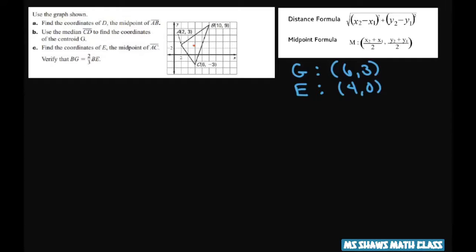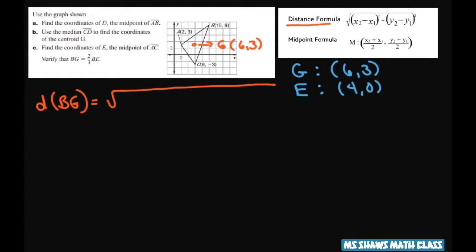Okay, got that down. Now let's find the distance first of BG. So this is your G, and that's going to be 6, 3. And we use our distance formula. So the distance of BG is going to equal the square root of 10 minus 6 squared plus 9 minus 3 squared.